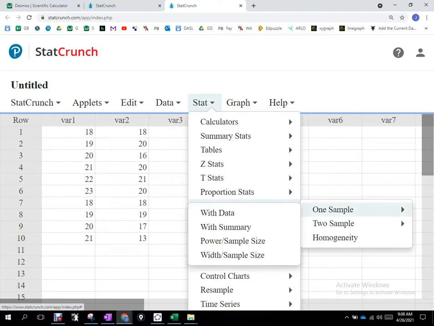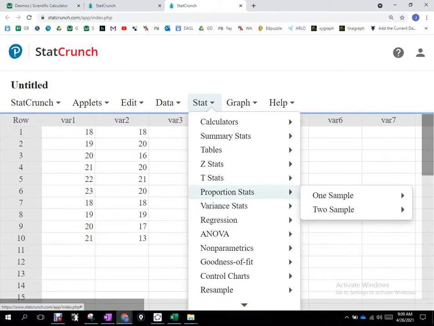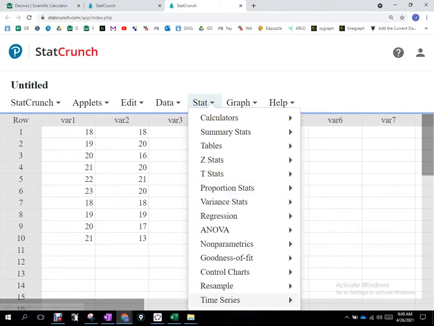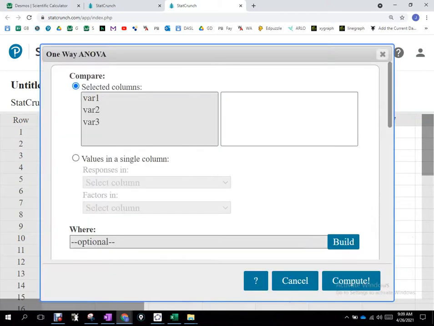One sample, nope. Two sample, nope. Where does it say ANOVA? There it is. All right, so we're ANOVA, we've got one way, right? Click that. Select the columns. This will allow you to get values in a single column.